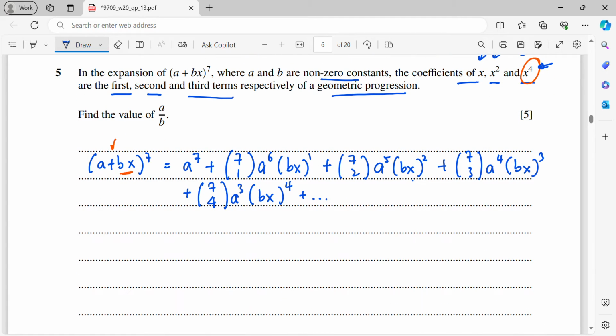Now when I do the expansion, a degree 7 is the first term, 7C1 is 7, so just bring in the degrees.